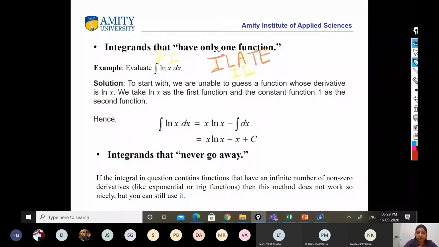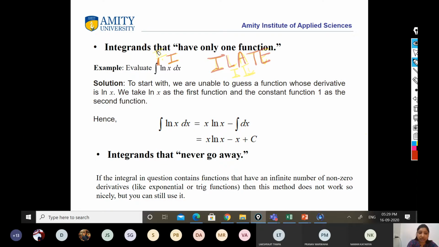Okay, we will follow ILATE here. So here we are considering two functions, 1 and log x, right? According to the ILATE rule, log x is the first function, and 1 belongs to which category in ILATE? It belongs to algebraic polynomial, since 1 is nothing but x to the power 0. It's a polynomial of 0th degree.